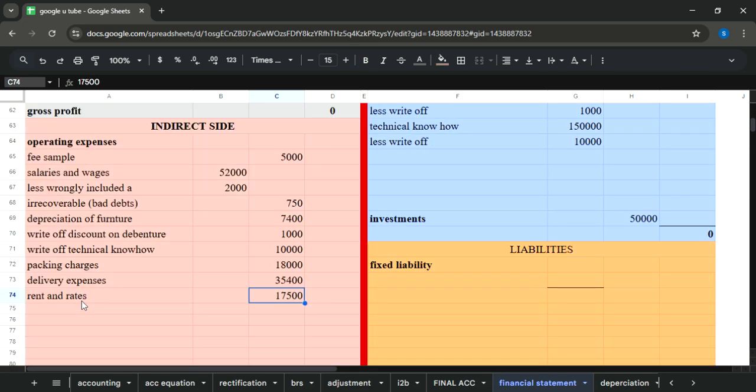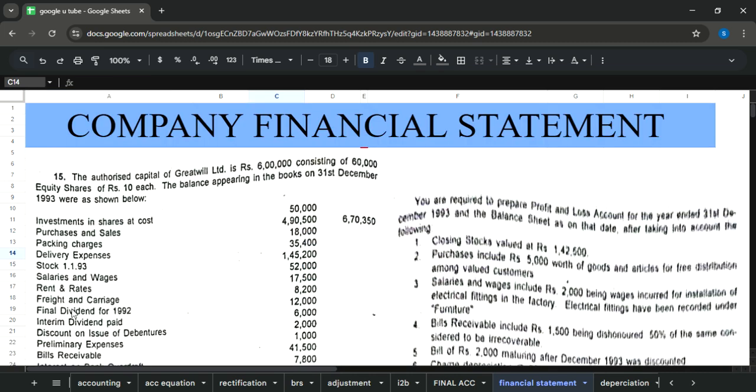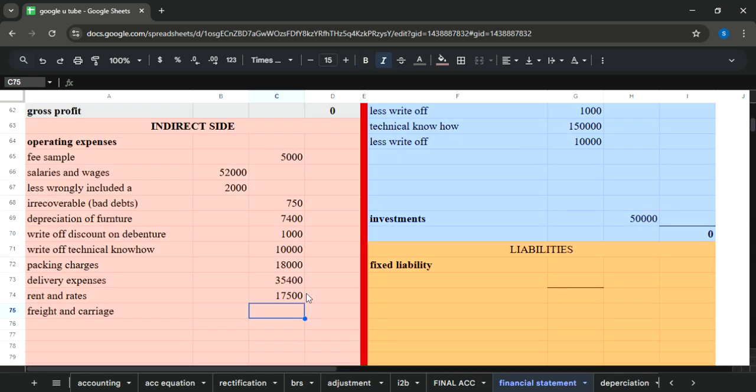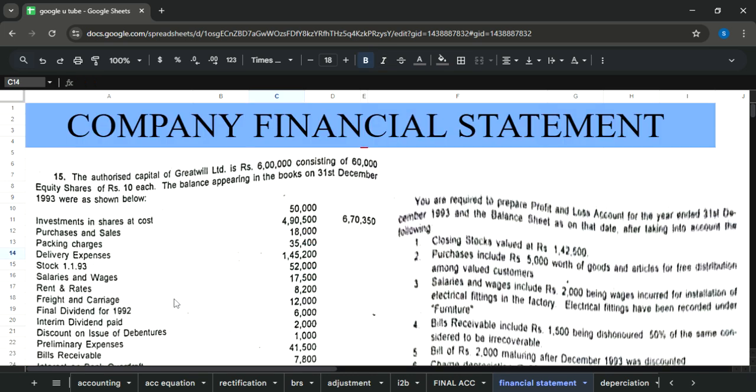So we'll go to operating expense side. Freight and carriage would be mentioned over here. Although this should be the part of direct expense, 8,200, but since it was not mentioned, we have decided to write it in operating expense side, 8,200. Freight and carriage is completed.